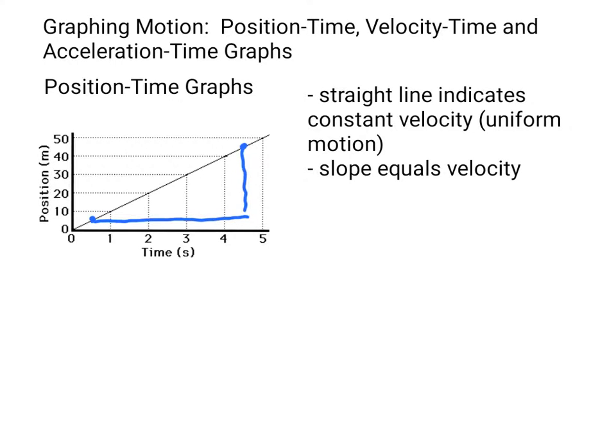So here we have the rise of the graph, and here we have the run of the graph. And to find the slope, I'm sure you recall this from previous courses, slope is equal to the rise over the run.